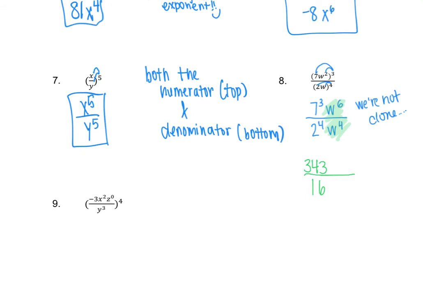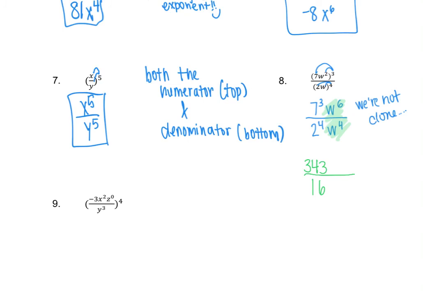I don't think 343 and 16 have any common factors. Two, 4, 8. No. All right, so our numbers are good.